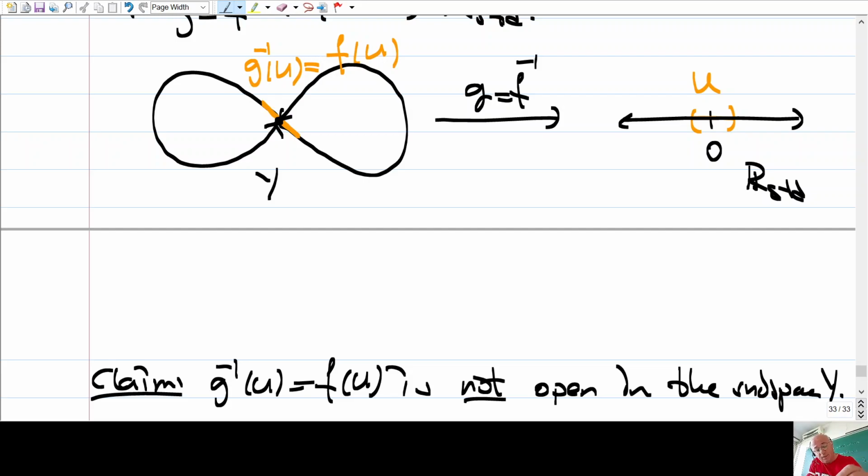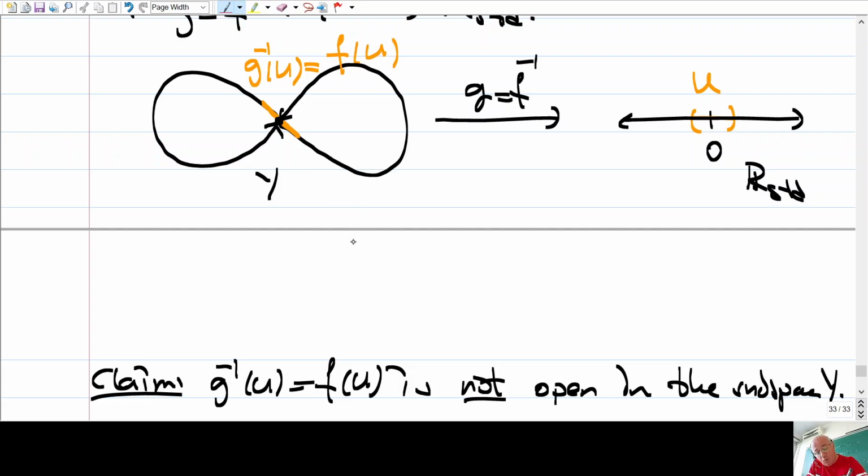The reason is very simple. If you choose for this to be open, it has to be the intersection of an open set with the subspace Y. Well, if there is an open set containing this orange segment, it should contain the origin also, right?